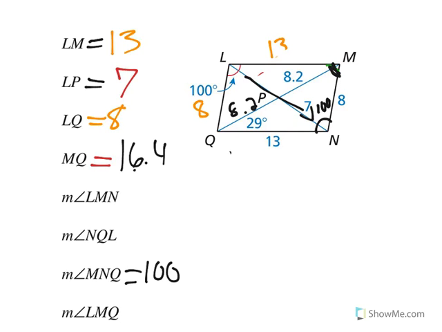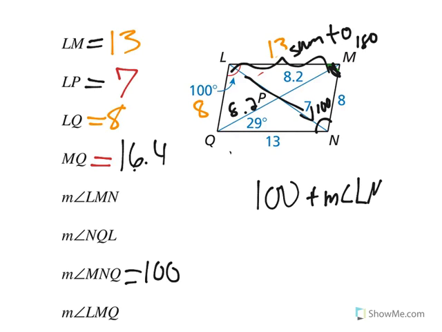Then they ask us for LMN, so that's this angle that's up here. We can use our consecutive angles. Consecutive angles always sum up to be 180. They're supplementary. So if they sum up to be 180, I would have 100 plus the measure of LMN would equal 180.